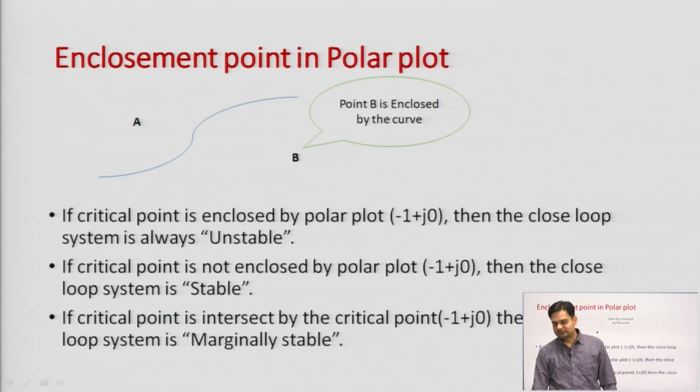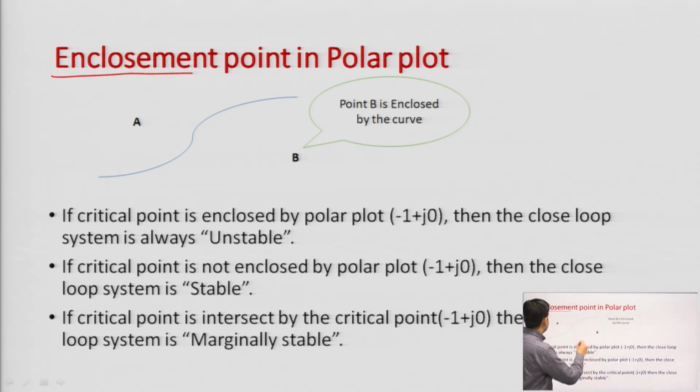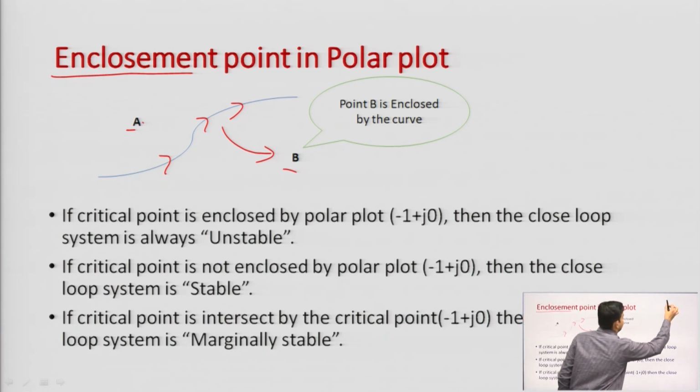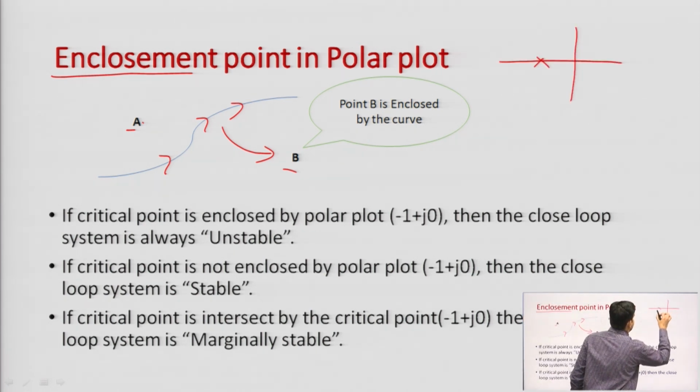One more concept is coming here, the concept of enclosement. Whenever a curve is here and two points are here, A and B, and a point lies on the right side of the curve, we can say B is enclosed by this curve, whereas A is not enclosed. Suppose this is the critical point -1 and my polar plot goes like this.